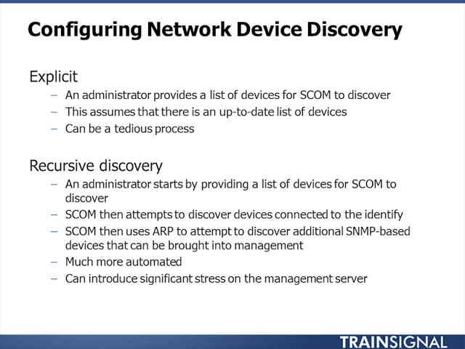Operations Manager then uses ARP, Address Resolution Protocol, to attempt to discover additional SNMP-based devices that can be brought into management under Operations Manager. This is much more automated than other processes, but it can also introduce significant stress on the management server. So you've got to make sure that you're bearing in mind ongoing stress on the management server versus a little bit of tedium when it comes to making changes to the network.